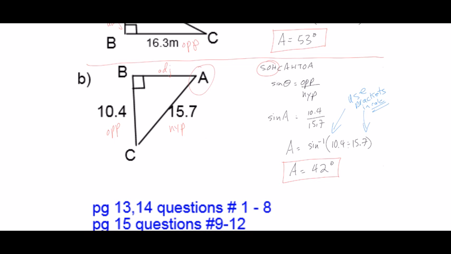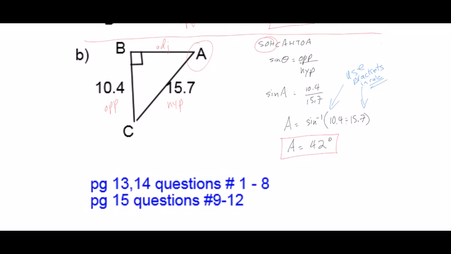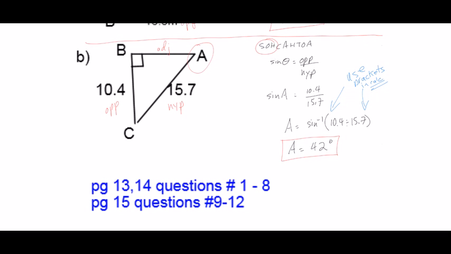So, just a quick recap. Basically when we do these problems, what we have to do is identify the reference angle, then label all of the sides. Once we've labeled all the sides, we have to use SOHCAHTOA to figure out what ratio we're going to use.